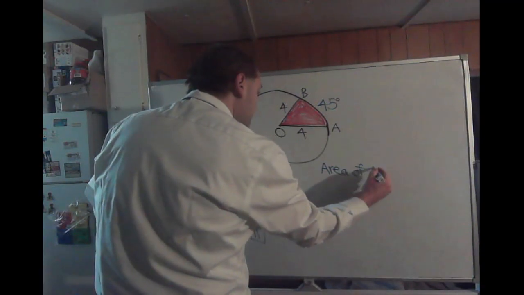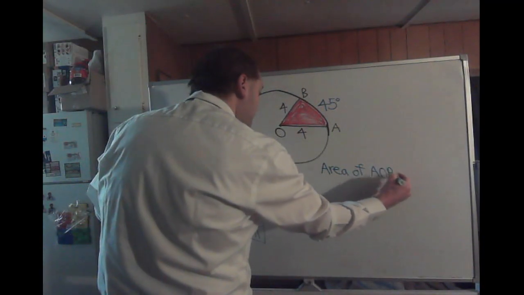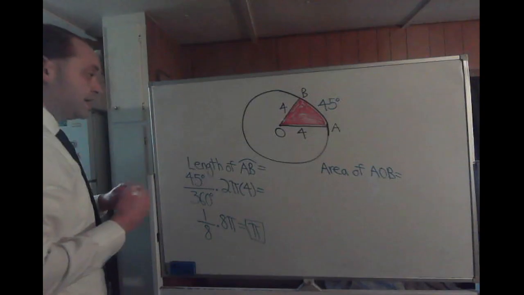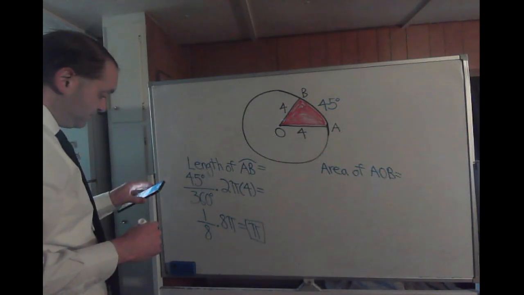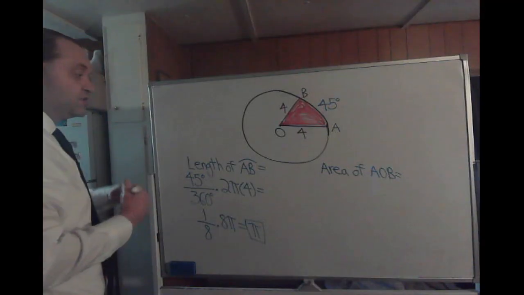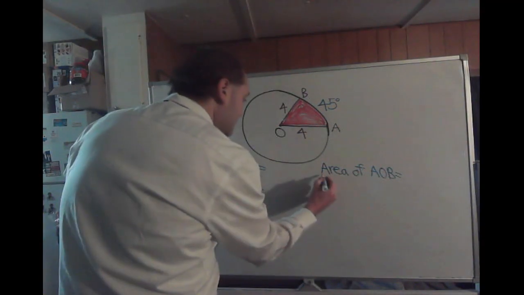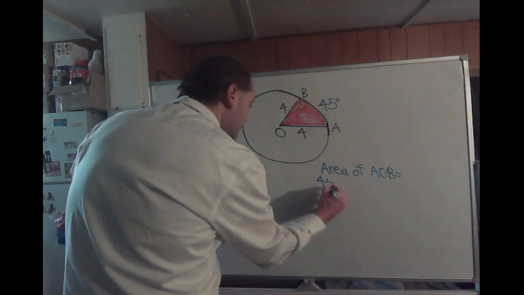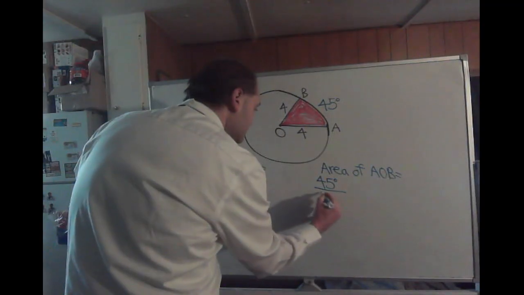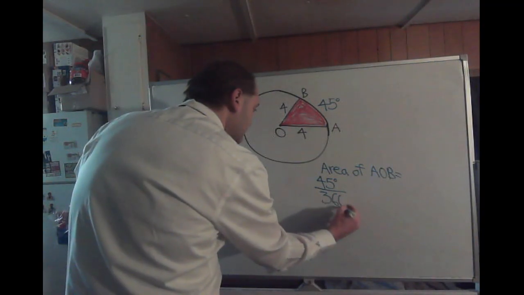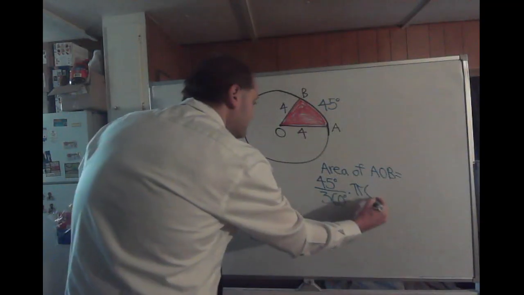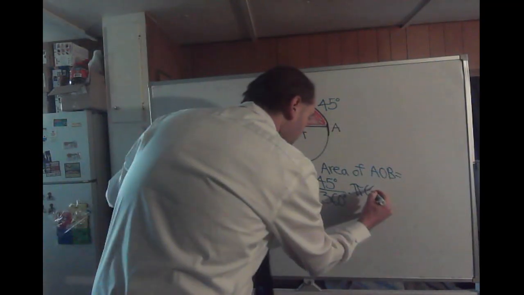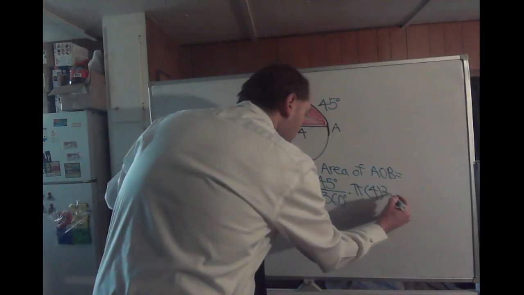So the area of AOB, this is where it gets a little bit more fun since we have something to the second power. So you're going to take again that 45 degrees out of 360 degrees times your pi times that radius squared, which would be 4 to the second power.